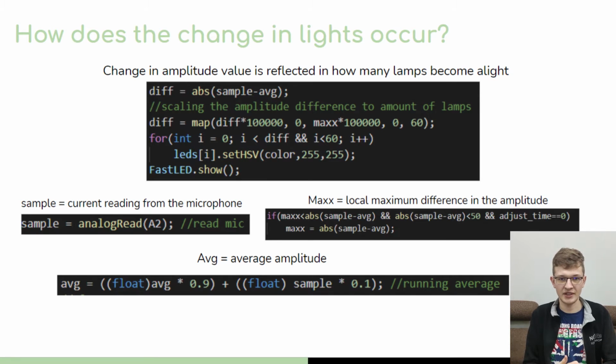You can see on the slides that we're taking the difference between the current reading of the microphone and the average, right? And then we take this difference and we scale it. We scale it from 0 to max to the amount of lamps we have, which is actually 60. So for example, the difference of 50 would scale to 20, and 20 lamps would be lit.